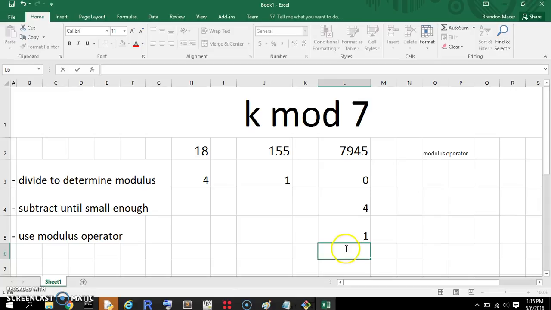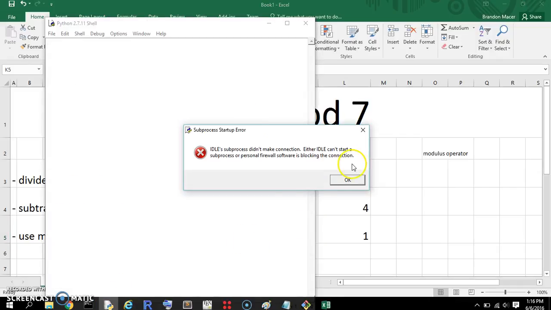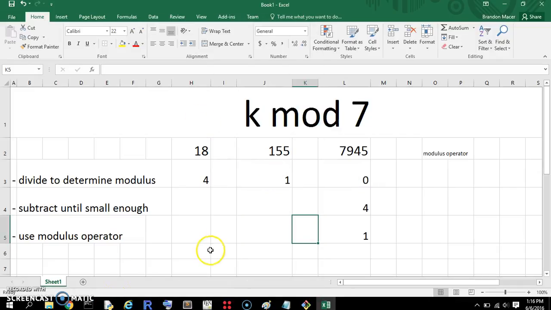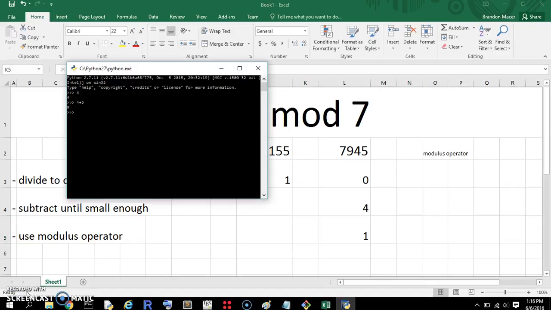Now, in computer science, which is where you use modulus mostly, you have a simpler operator, and that's the percent sign. We'll hop over to Python, and these are operators: 4 plus 3, 5 plus 5, 5 plus 7, whatever I'm doing. 16 divided by 3.